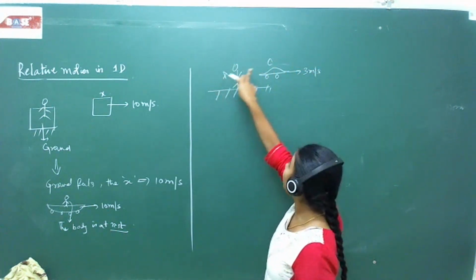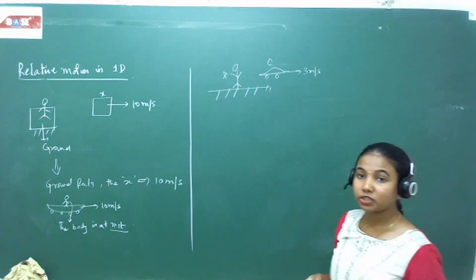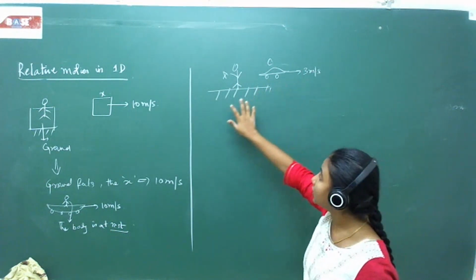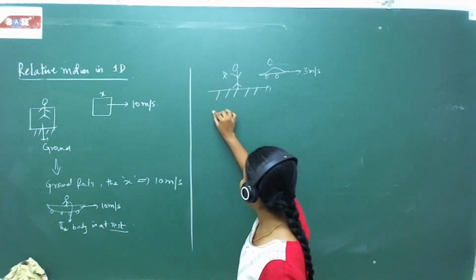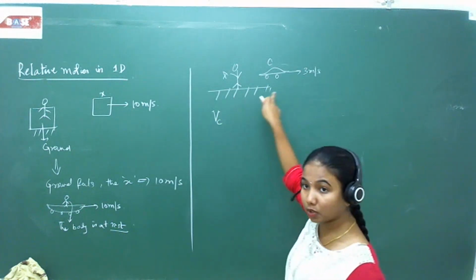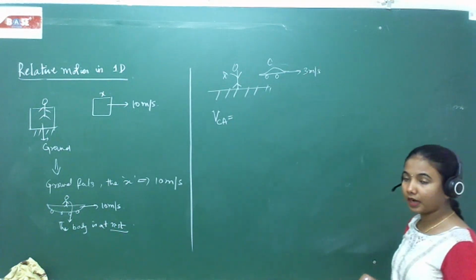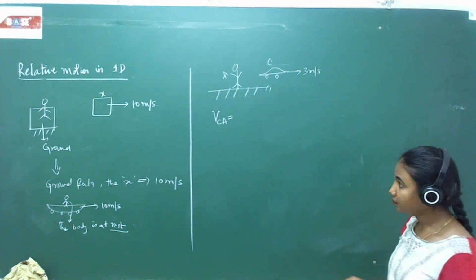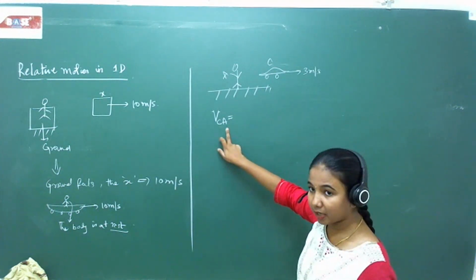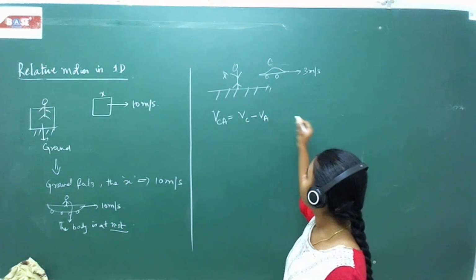If I want to measure the velocity of this car with respect to this person, I will write in this form: velocity of C. We are finding the velocity of C with respect to A. Here, velocity of C with respect to A is nothing but VC minus VA.